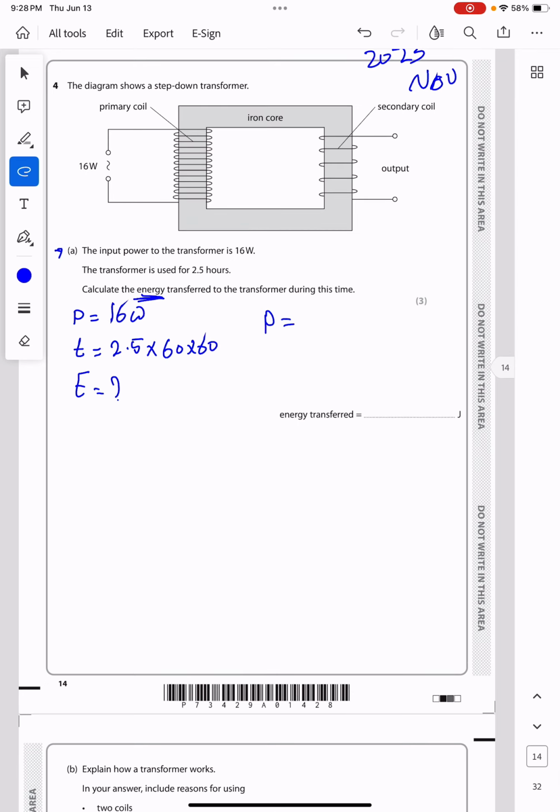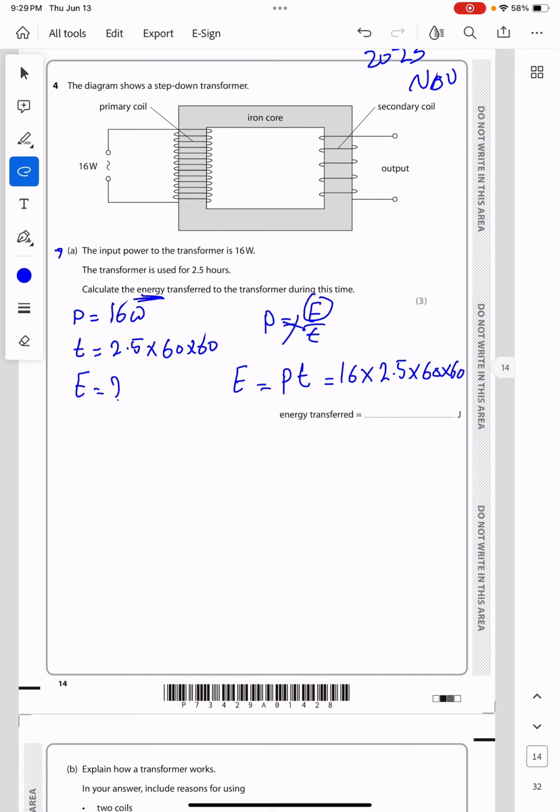Power is actually the energy transferred over the time. But we need the energy, so what should we do? Simple: E is equal to PT. All I have to do is put these like this: 2.5 times 60 times 60, and you will find your answer.